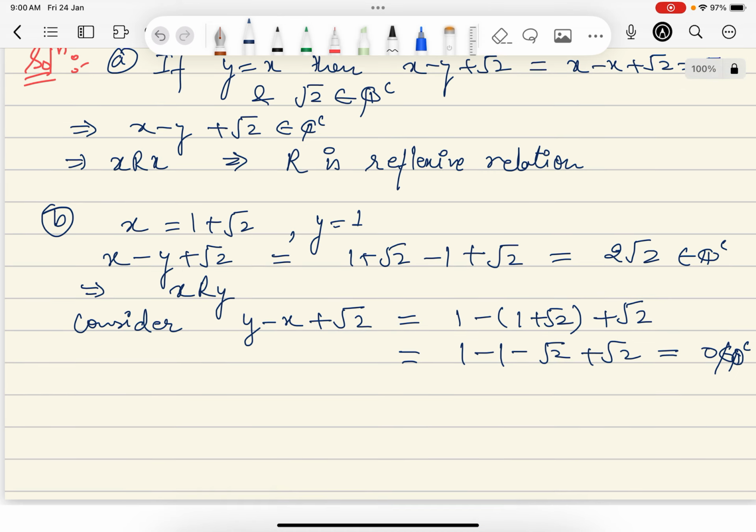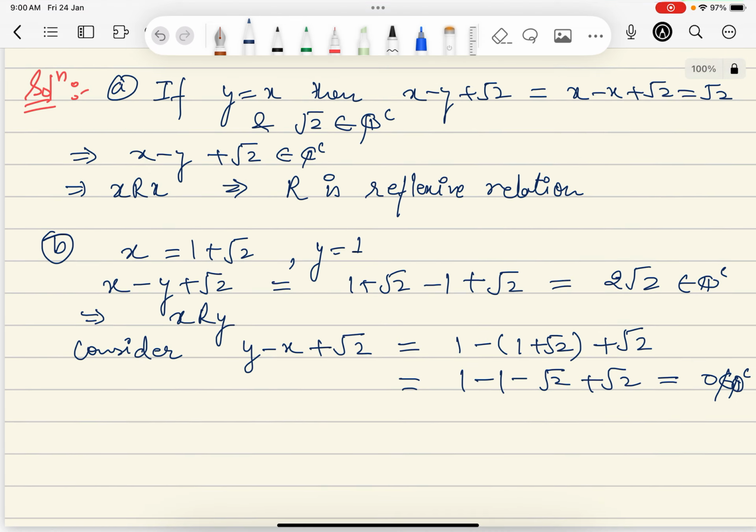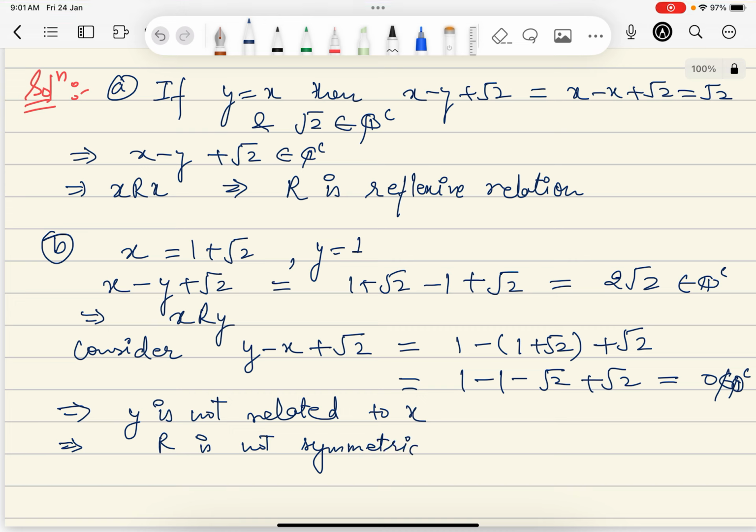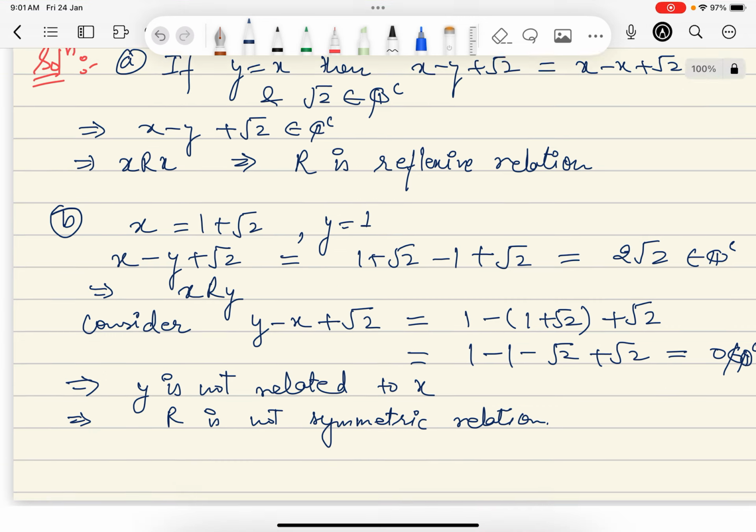Okay, this implies y is not related to x. This implies R is not symmetric relation. Okay, clear?